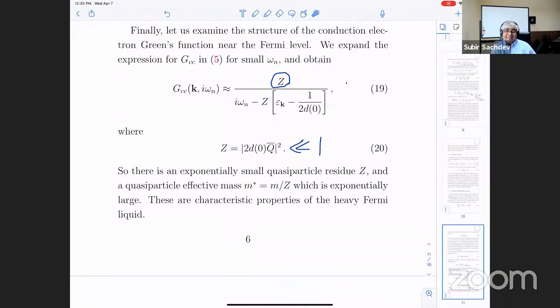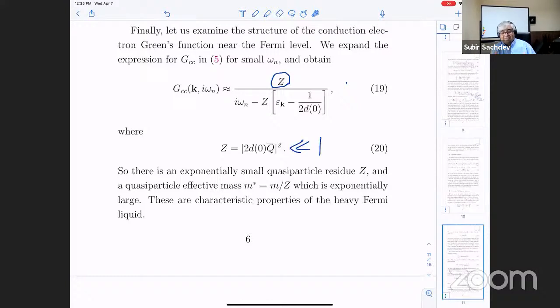In some sense, it's really heavy because most of the electron is actually a qubit. Only a little bit of it is moving around. That's why the quasi-particle residue is so small. The qubits are basically stationary, but roughly speaking, some part of them has become a fermion, and that part moves around.